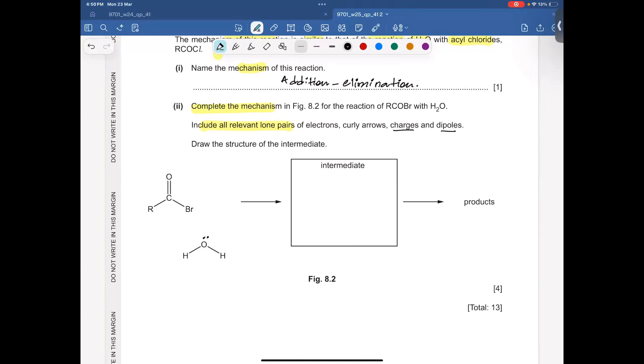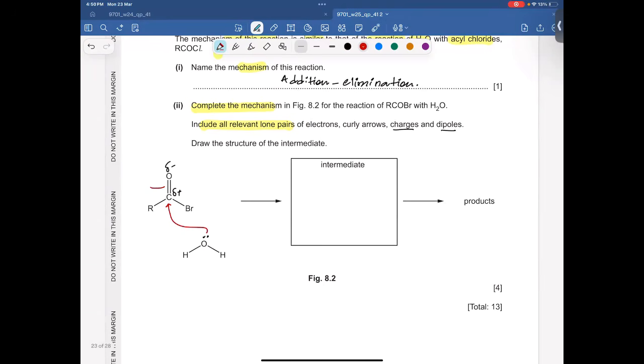Charges and dipoles: oxygen has a slight negative charge and carbon has a slight positive charge. It reacts with this carbonyl carbon and forms a dative bond. At the same time, the C=O pi bond shifts towards the oxygen atom. So it's going to be R, C, O. This becomes negative. This is Br. This is oxygen, and this oxygen has two hydrogen atoms. This oxygen has three bonds, so it has a positive charge.